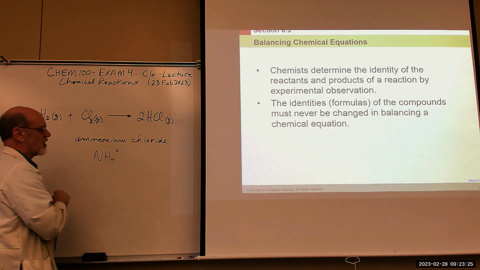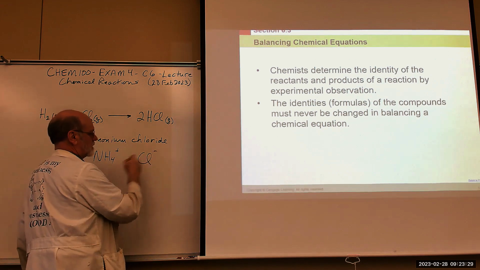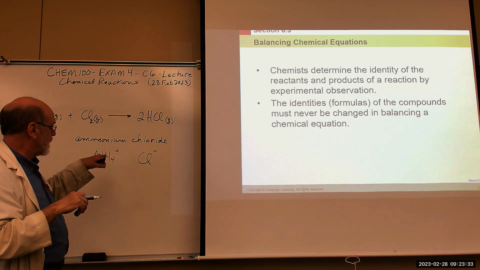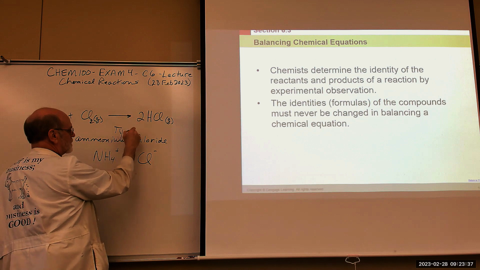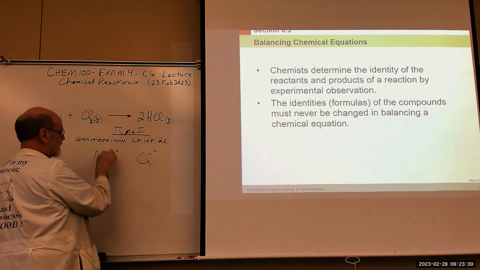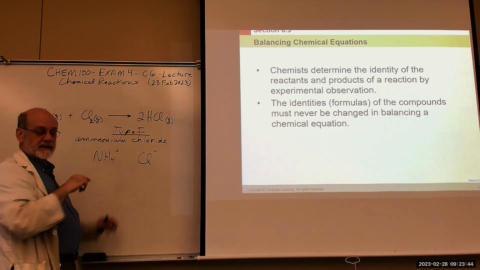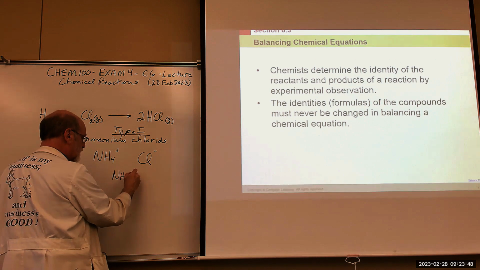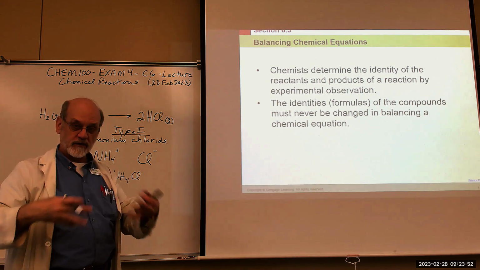It has a 1+ charge. Chloride has a -1 charge. It's a halogen. So to write this compound, and it would be a type 1, that's a fixed charge, we just balance the charges, and the compound would just be written like this. That would be your compound if it were given to you as one of the reactants.